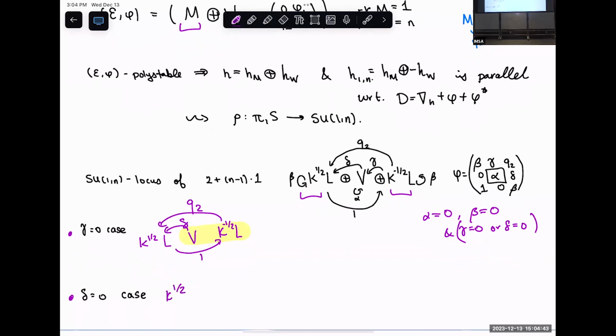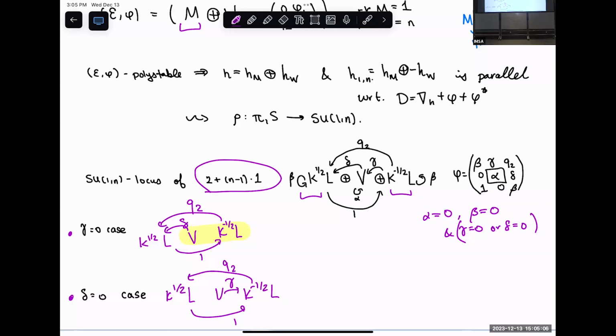So K^{1/2}L, V, K^{-1/2}L, Q_2, 1, gamma, these are the other ones. Okay, so this is the SU(1,n) locus of the Slodowy slice for that nilpotent.